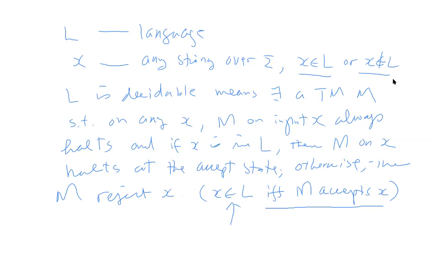By looking at which state it's in, we know whether this X belongs to L or not. In other words, if M accepts X, then X is in L. If M rejects X, then X is not in L. Okay, so that is what it means for a language to be decidable.